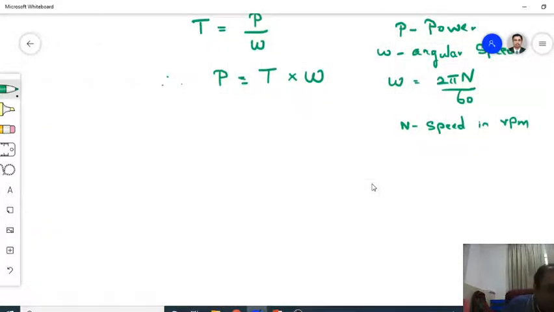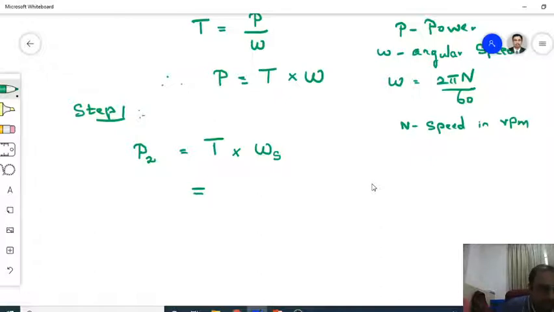Now, step 1. First we have to find out the net rotor input. P2 equal to gross torque, T is the gross torque, into omega s, the angular speed.